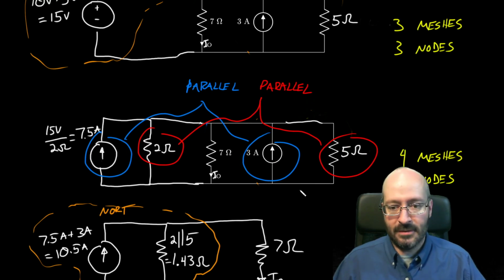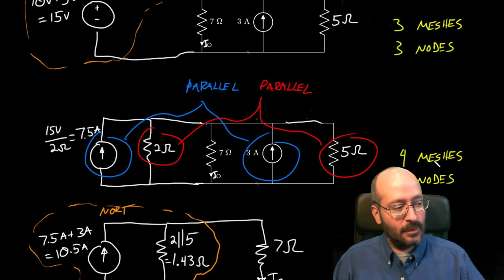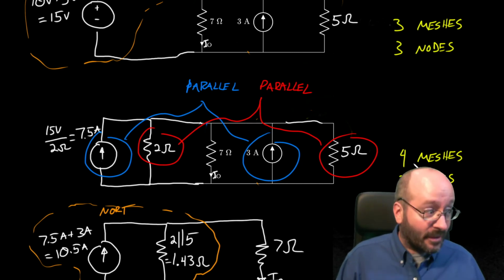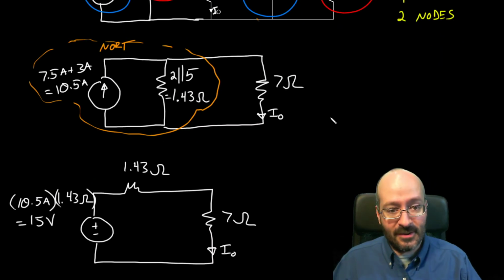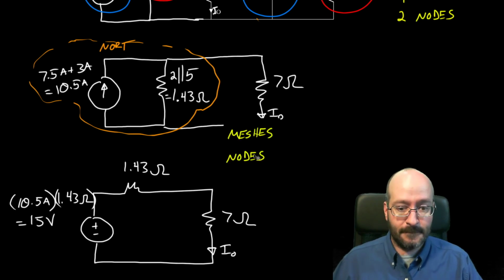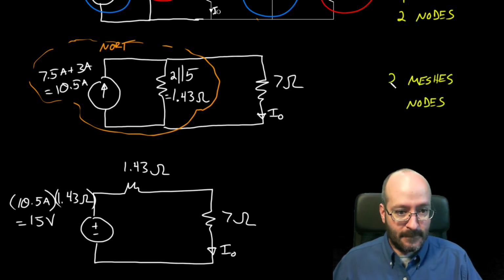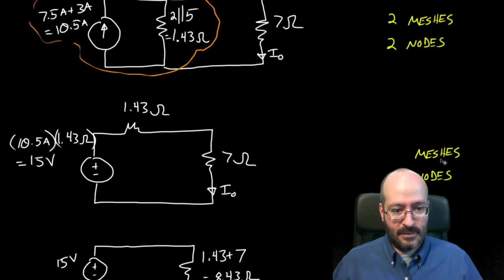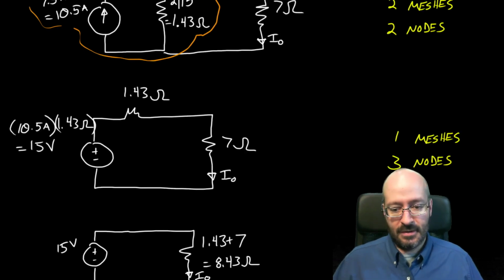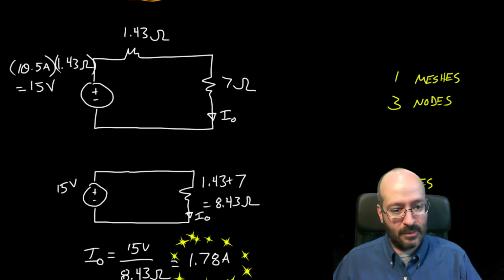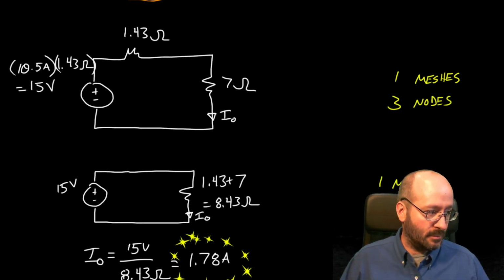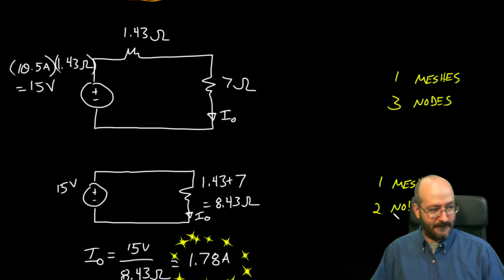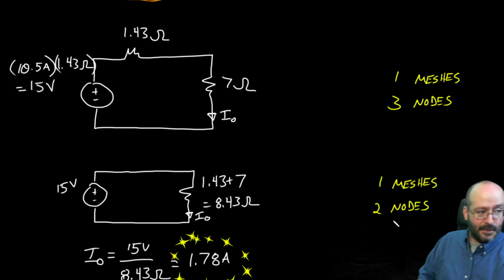Uh-oh, went backwards, but we only have 2 nodes. Okay, down to here, 2 meshes, 2 nodes. Getting smaller, 1 mesh, 3 nodes, and then finally what I was going for, which is 1 mesh, 2 nodes.